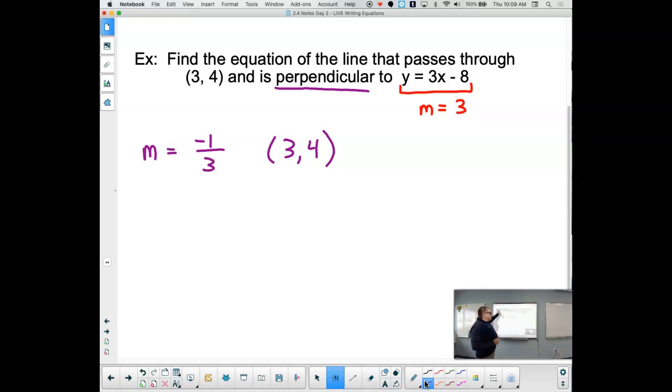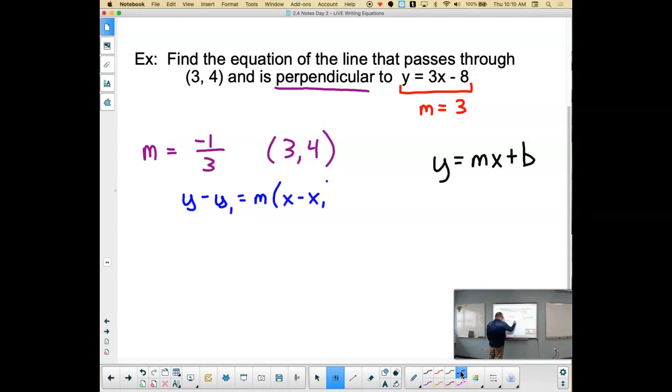It doesn't tell me which form it needs to be in, so we're going to assume y equals mx plus b. We start with the point-slope form: y minus y sub 1 equals m times the quantity x minus x sub 1.